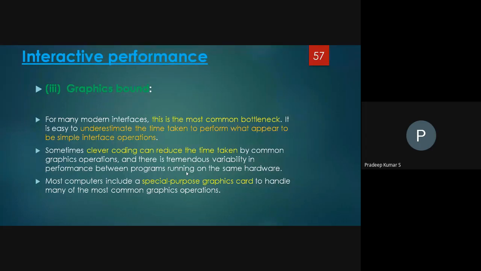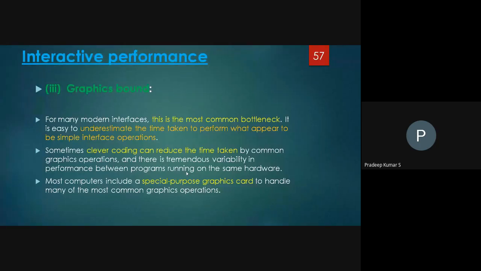We underestimate the time taken to perform what appears to be an interface operation. Here, the interface operation takes place between our PC and the particular application in the network. The application ought to be loaded in my PC. I don't know how much time the application takes to load in my PC, so I underestimate.